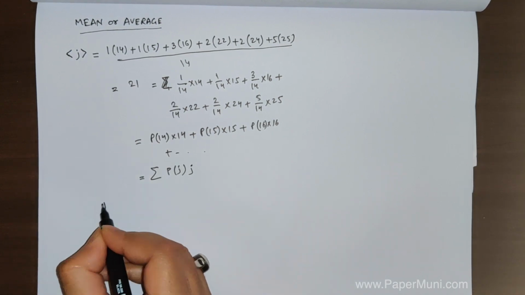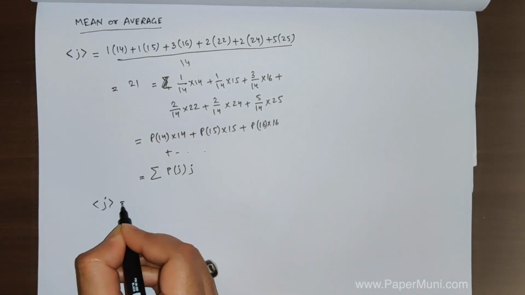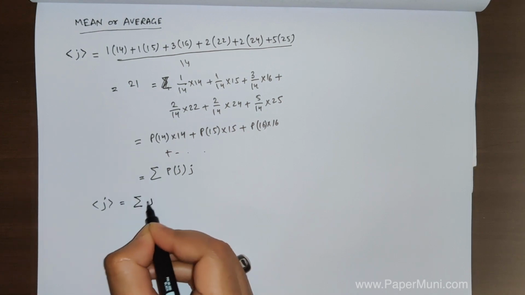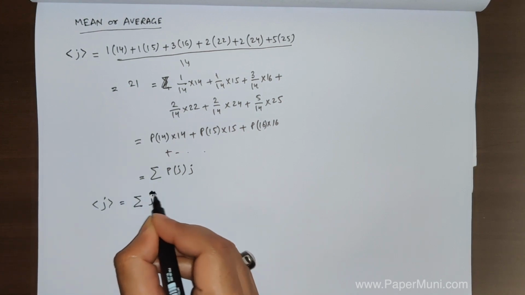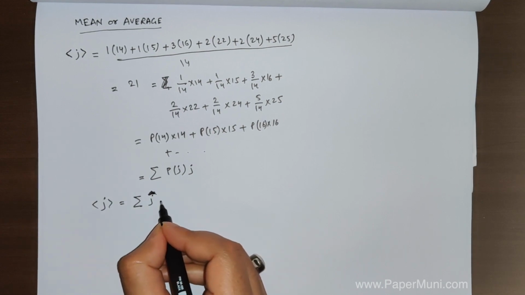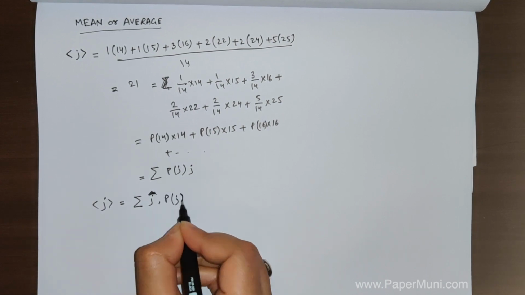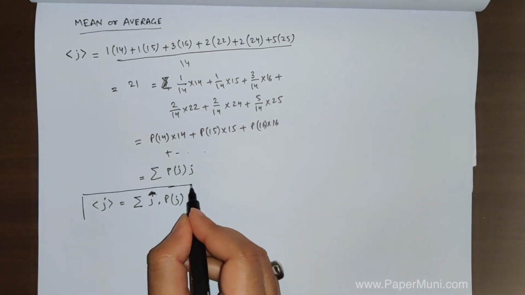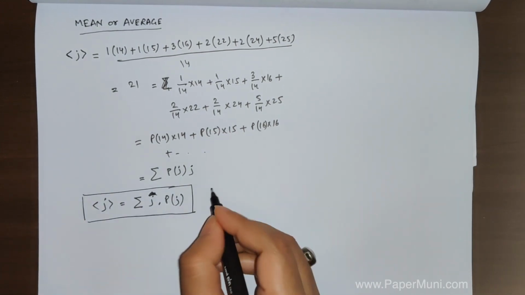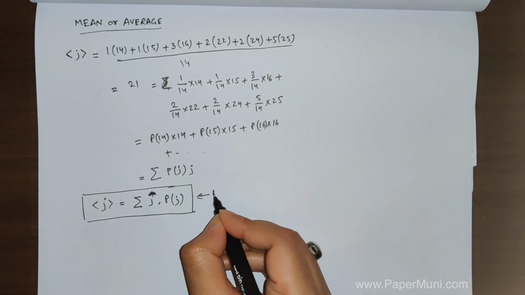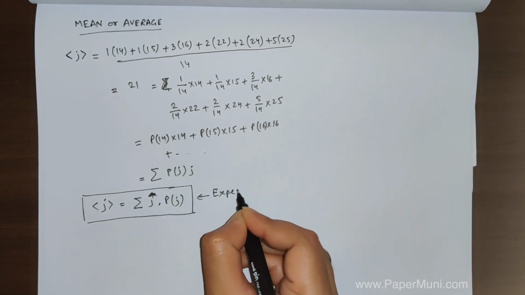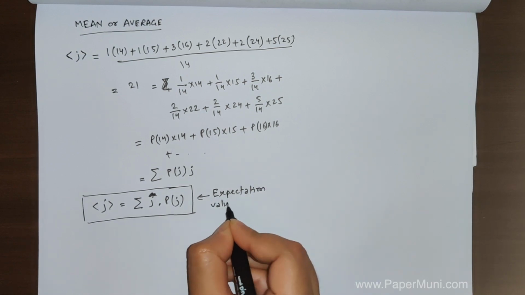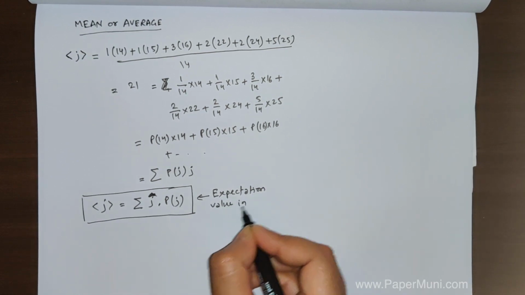So we have a general definition here: this is the definition of the mean of any quantity, and it is also known as the expectation value in quantum mechanics.